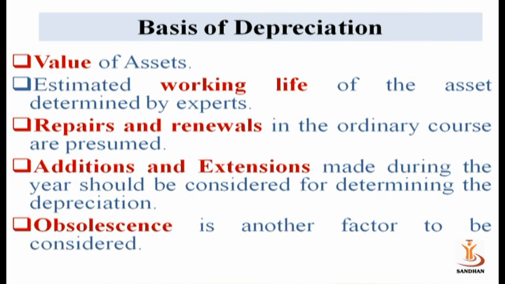What are the bases of calculating depreciation? What is required to calculate the depreciation? The first is the asset, the value of the fixed tangible asset. The next is the estimated working life of the asset, which is determined by experts.